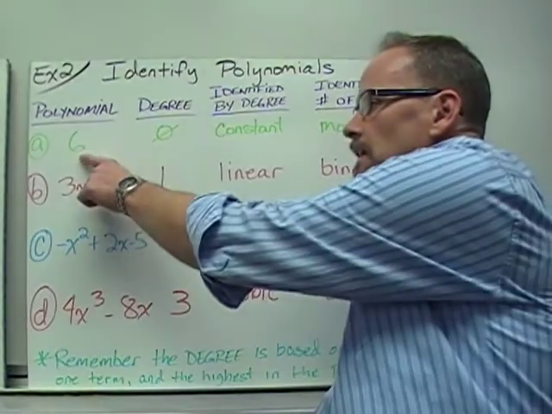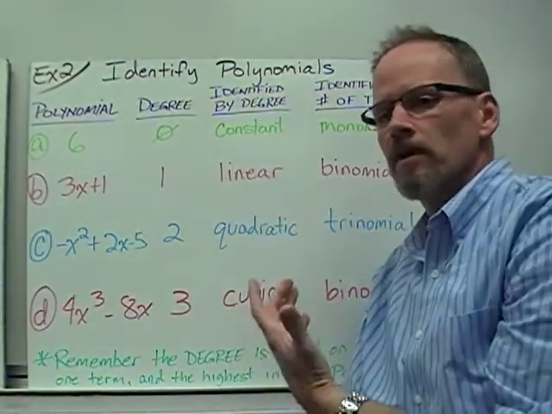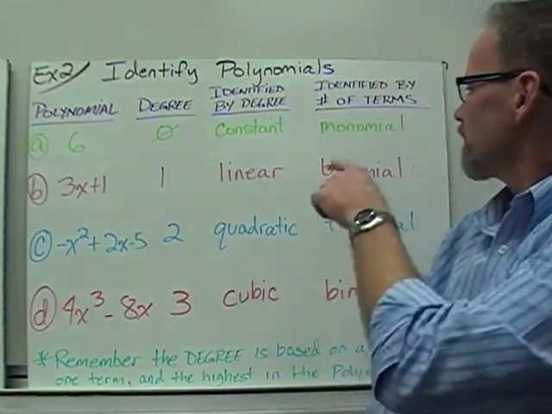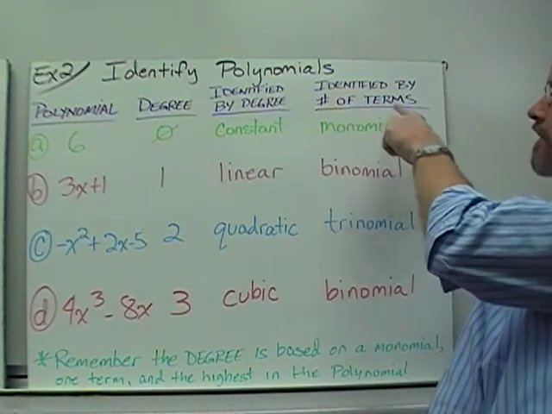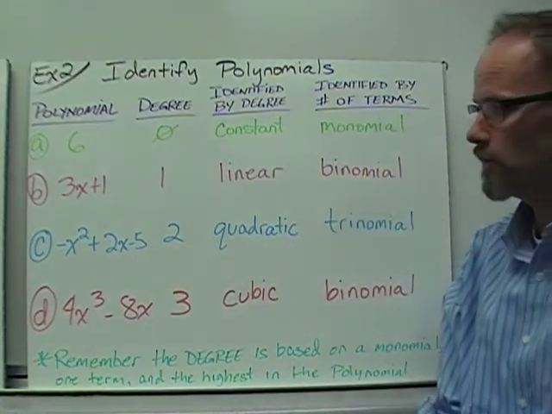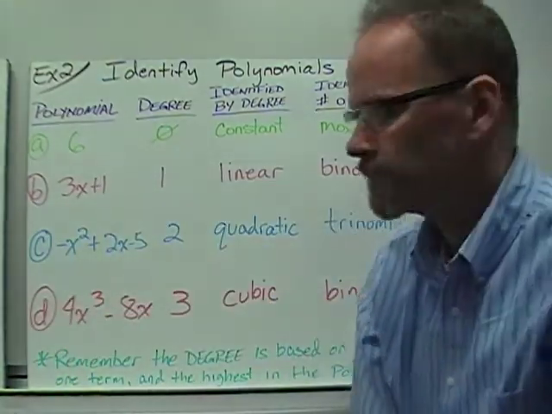I also know that that number is called a constant, so that's how I would identify it by degree. Because it's 0, it's a constant for sure. And then for the number of terms, it's only one term, so that's a monomial.